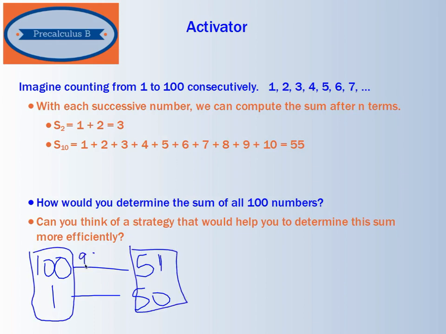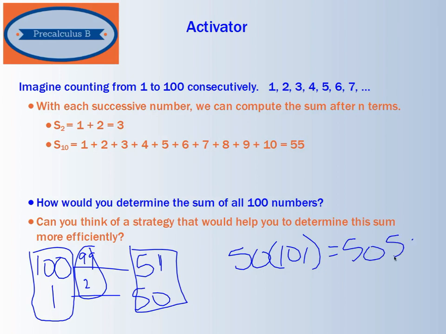Well, 99 and 2 is also 101. And we would have 50 of those 101s, or just 50 times 101, which would give us 5,050. And just like that, I was able to determine the sum of the first 100 terms.